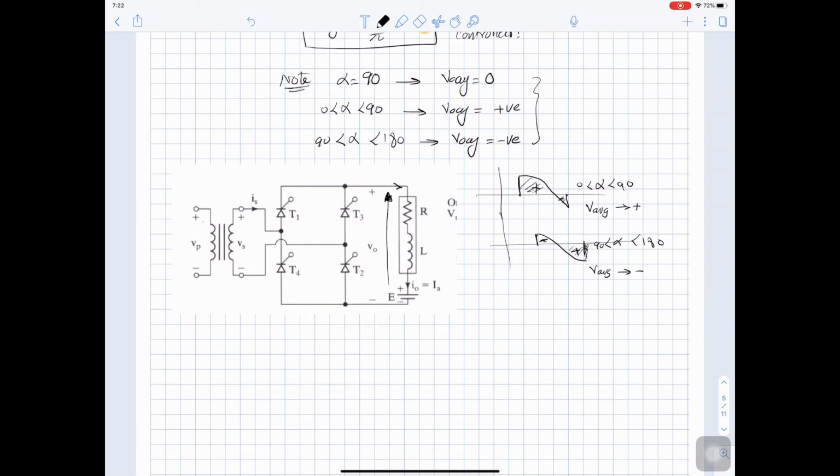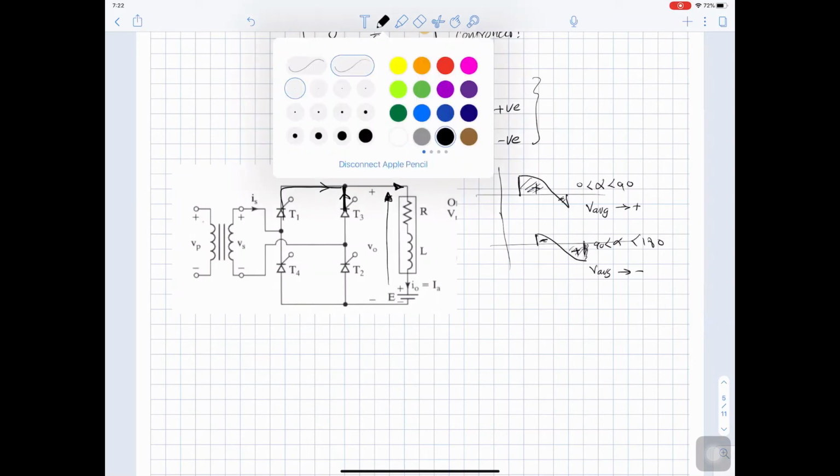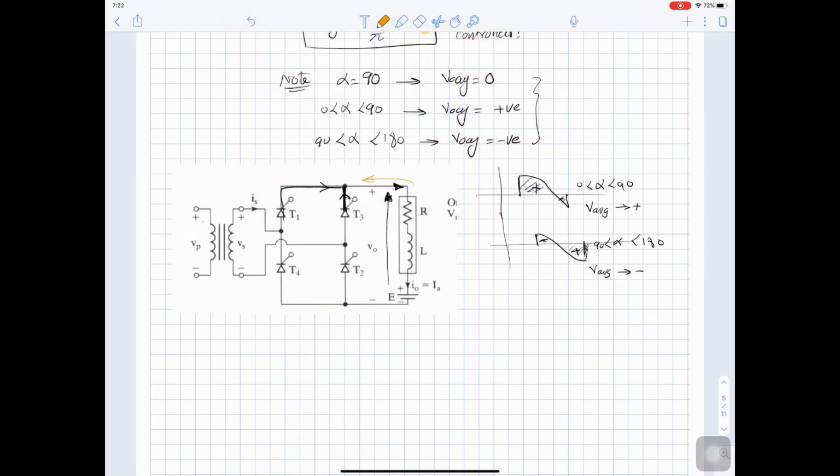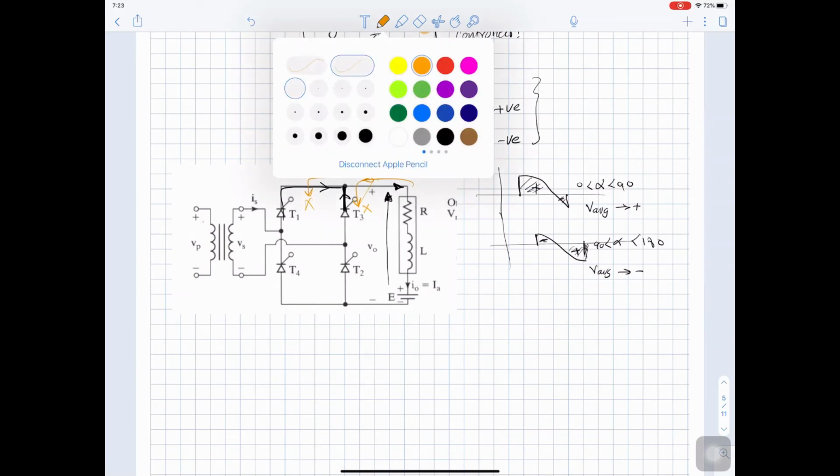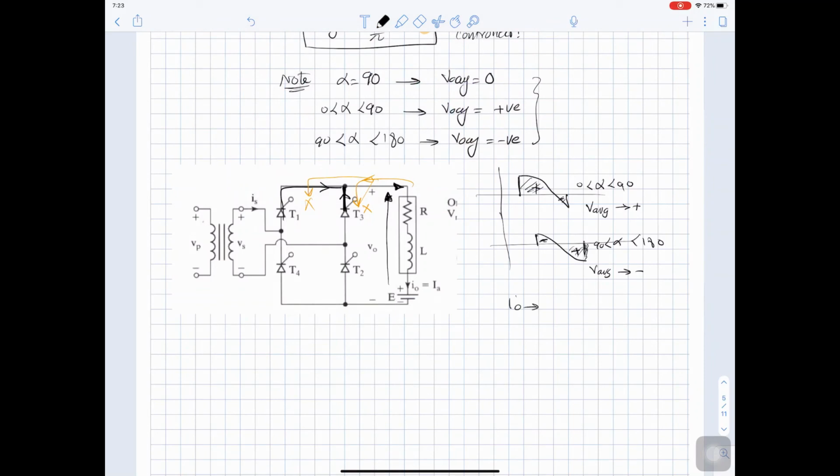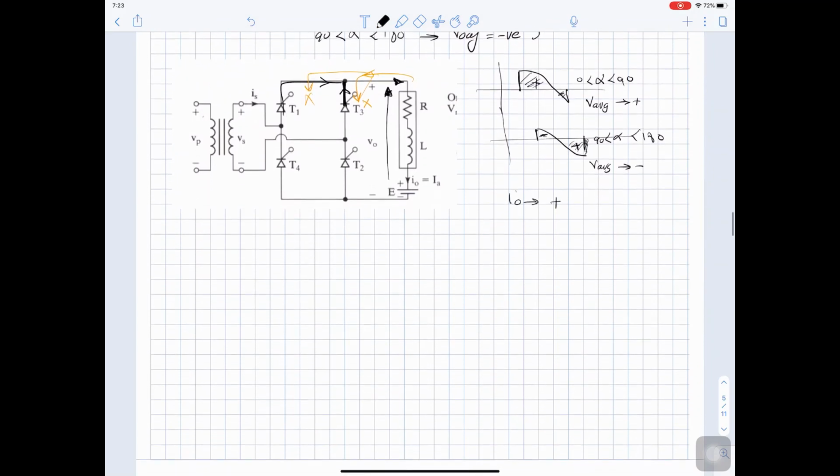But for the current into the load, this current here, which is coming from this thyristor and this thyristor, there is no way for this current to go back. If the current tries to go back, there is no direction here, and there is no direction here. They are all closed, which means that I out is only positive. And we sketch the VI characteristic for this converter, this rectifier.